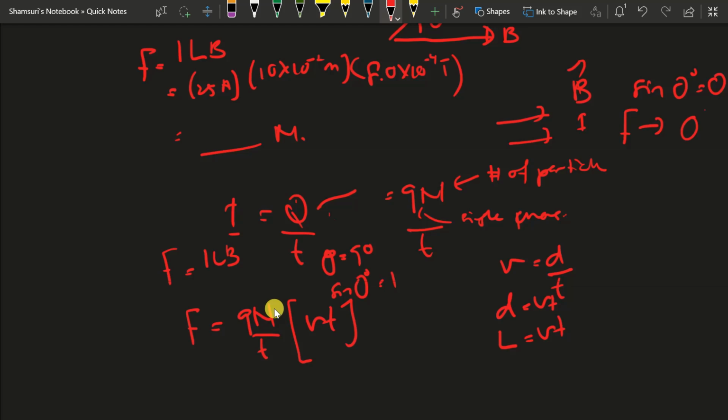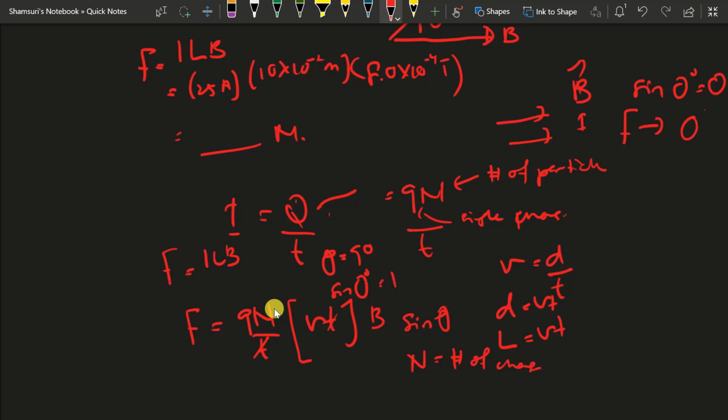Then Q, I, L, and B. B is the normal B here. So we can put also sine theta here if you want. So T here can be simplified. And then we have N, which is the number of charge.